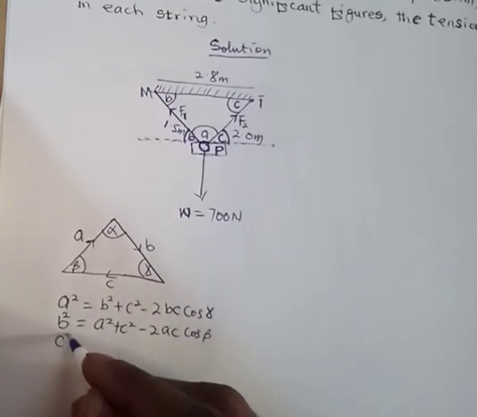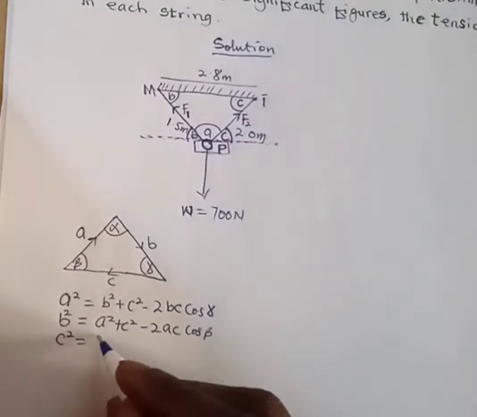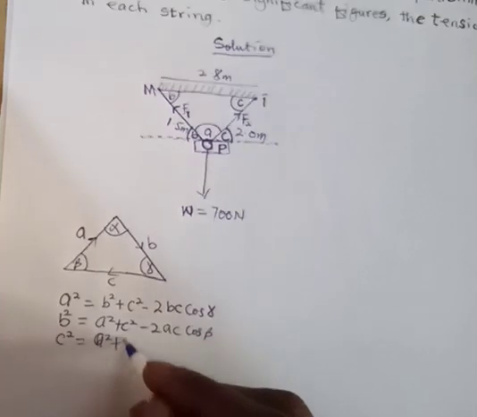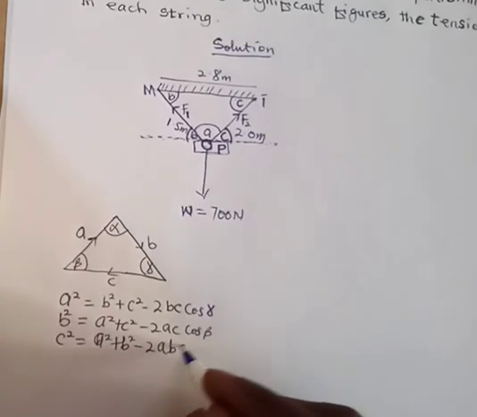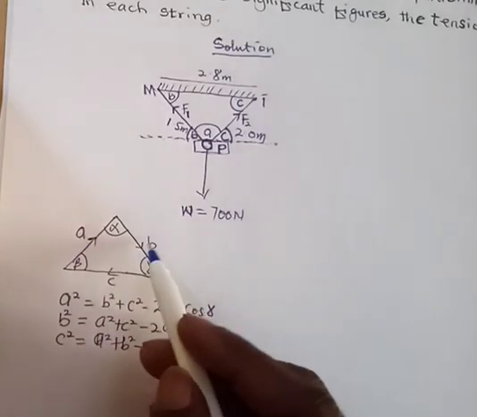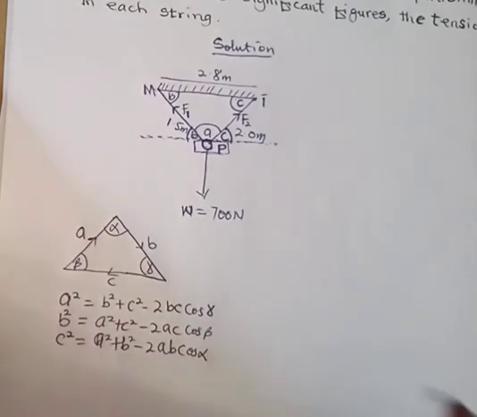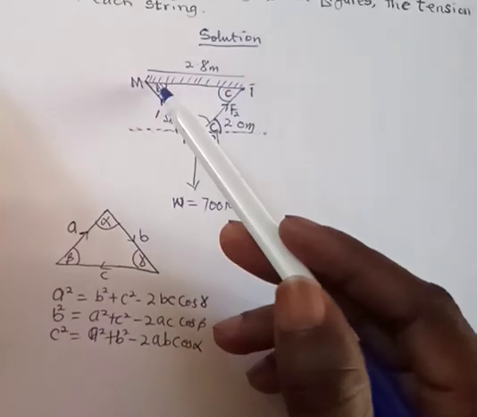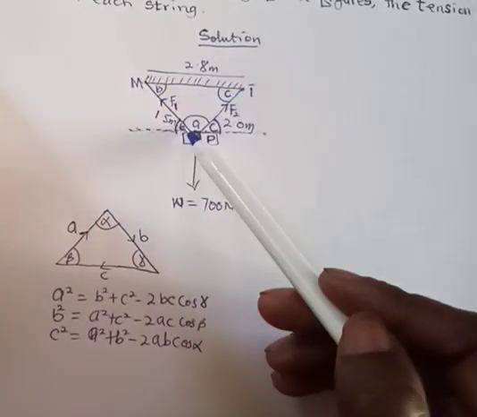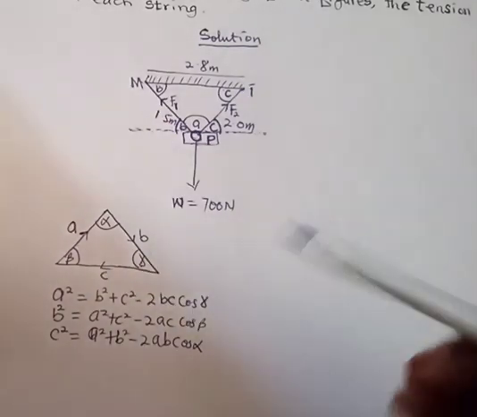Then the last one, which is c squared equals a squared plus b squared minus 2ab cos, and C is opposite to this angle, so I'll write it there. So this is what we are going to use to look out for these angles. We are going to follow the same thing. Have you gotten that? Good.